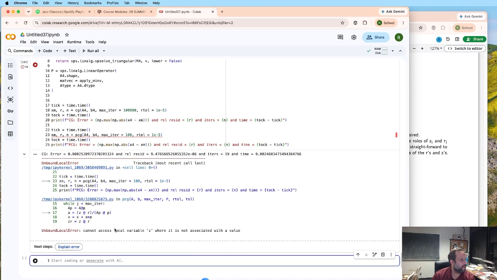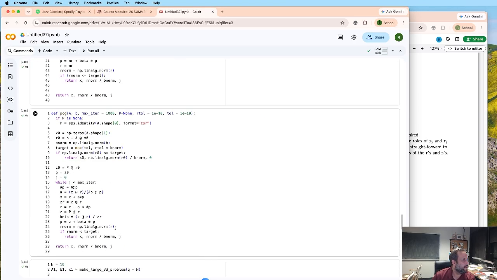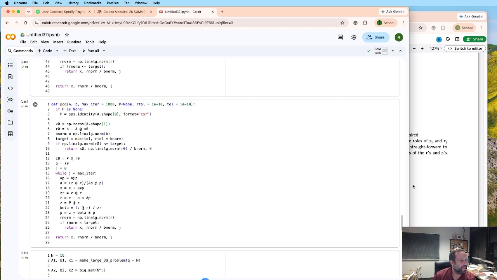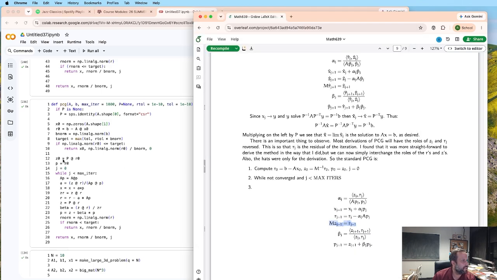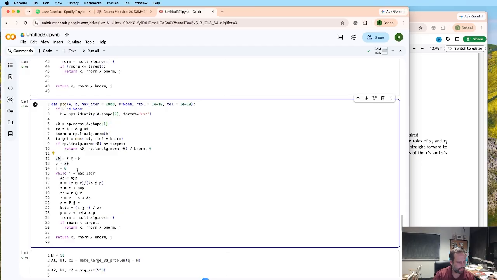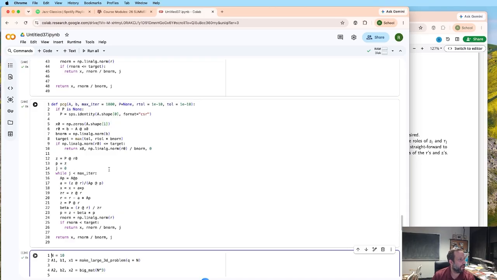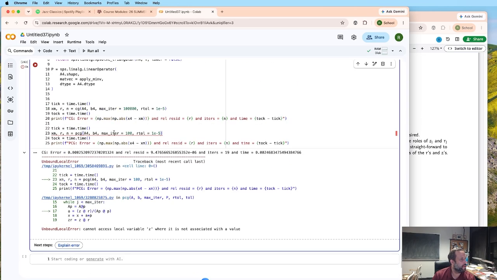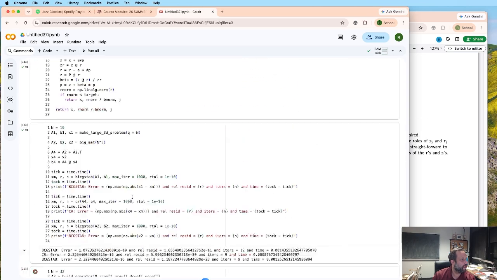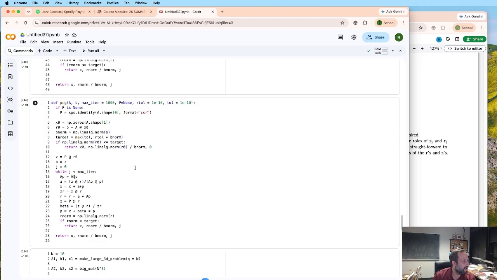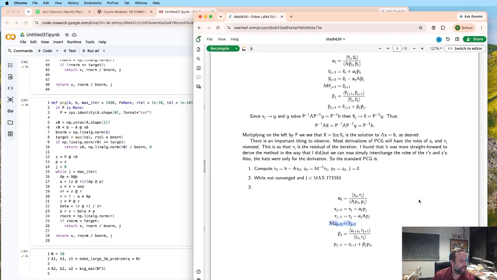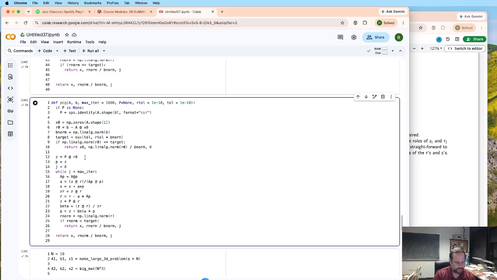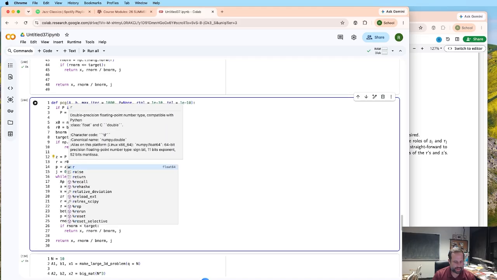All right. So I didn't initialize Z. Oh, this needs to be Z here, not Z not. That's going to be Z2, okay. Oh yeah, R is equal to R not.